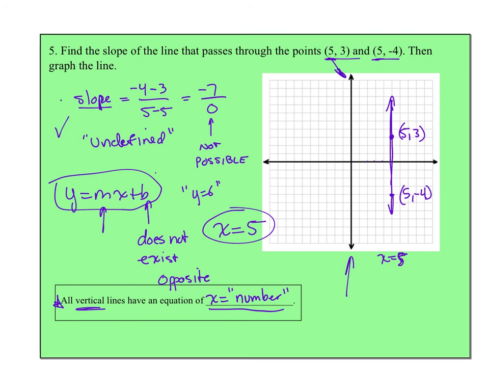Wait, I don't have a y-intercept. Okay, what is going on here? What do I do? That is where you consider, okay, wait a minute. It's got to be a vertical line, which means it's just x equals my x value. That's it. Okay. Very tricky one. Very tricky one. Really easy to run into roadblocks there.